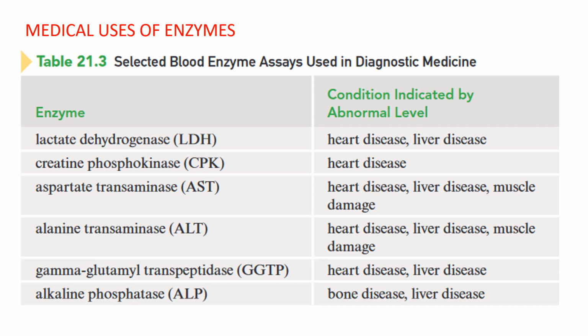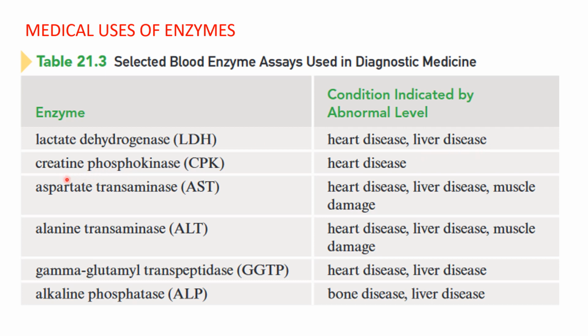Assays of abnormal enzyme activity in blood serum can be used to diagnose many disease states, some of which are listed in this table. So you have here the presence of lactate dehydrogenase. This is indicative of heart disease, liver disease.